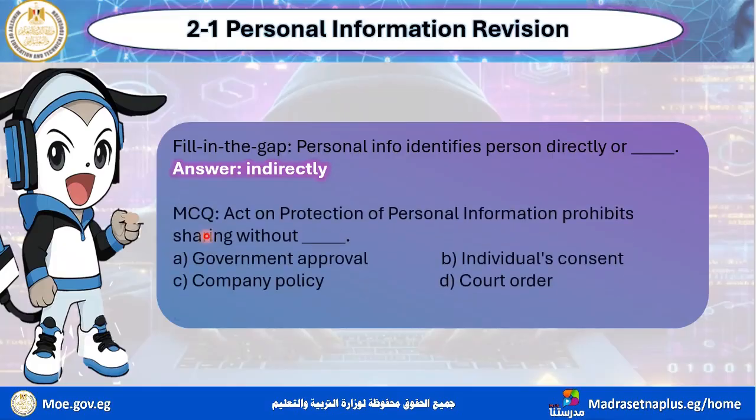MCQ question. Act on Protection of Personal Information, perhaps sharing without government approval, individual's consent, company policy, or court order. Well, it's without individual's consent, of course, without their permission.